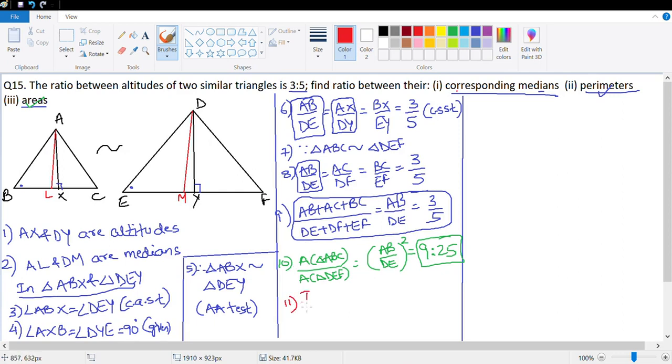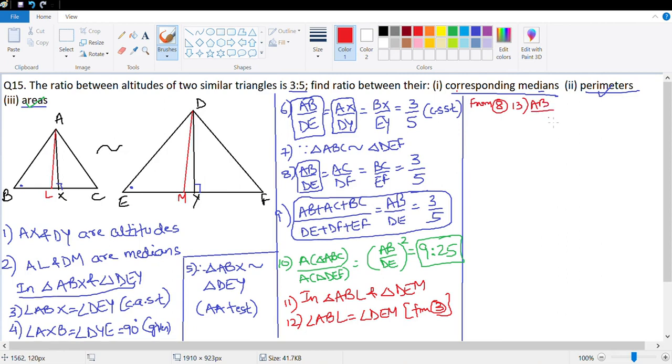So let's look at this. In triangle ABL and triangle DEM, what we have is angle ABL is equal to angle DEM. This is from 3. We have the same angle. ABX and ABL are the same angles. Now what we also have, from 8, is AB upon DE is equal to BC upon EF.